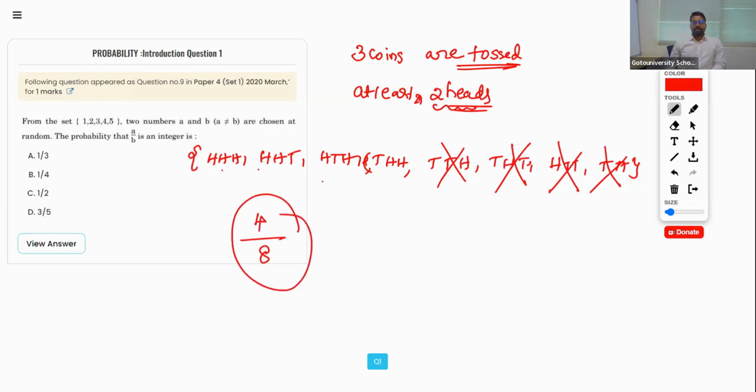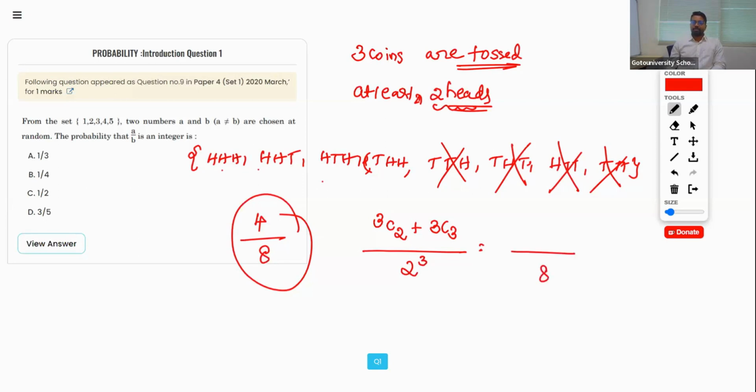Is there any other way to solve this? Yes. If you say at least two heads, three coins are tossed, so it has to be 3C2 or 3C3. The denominator is the same, 2 power 3, that is 8.